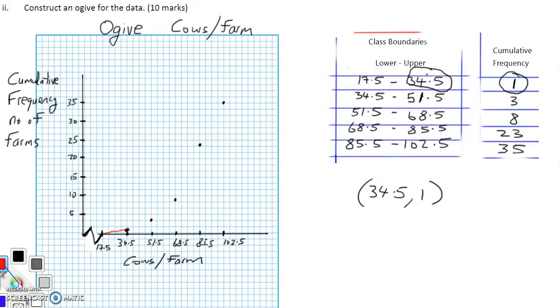Okay, and a red line marks. Now you do this better with a ruler, etc. And that's our Ogive constructed. We have our title, we have our vertical and horizontal axes labelled, and we have our units drawn out.